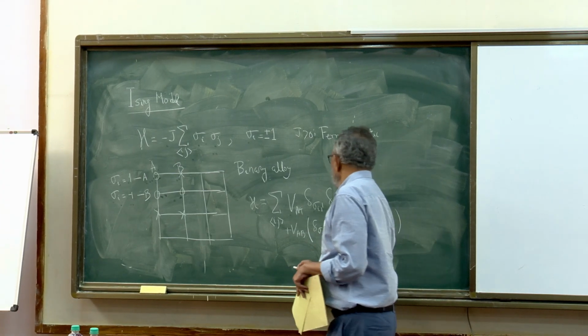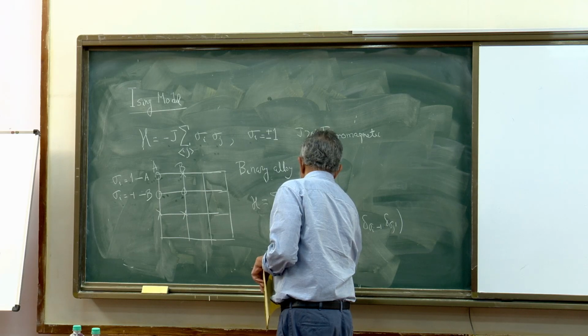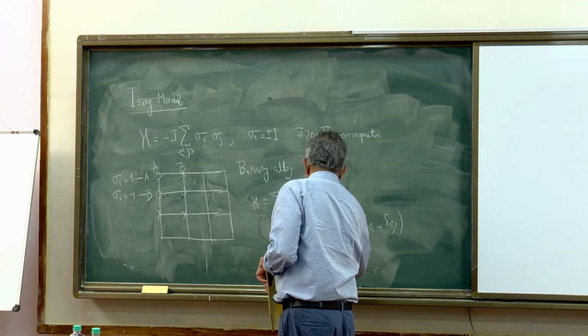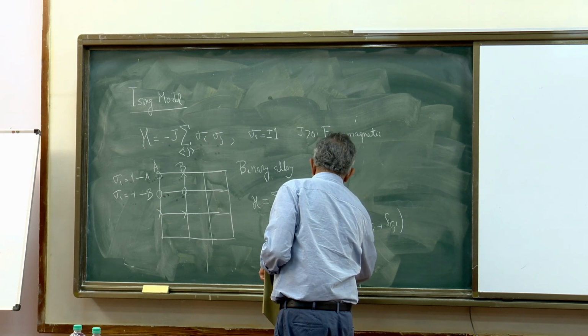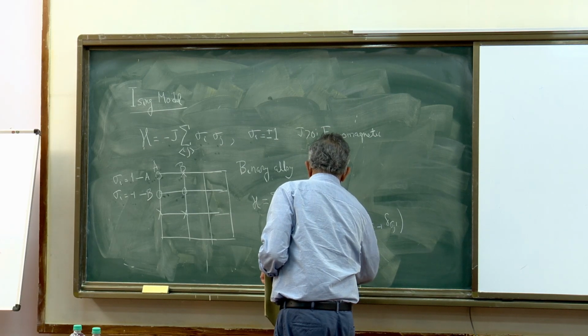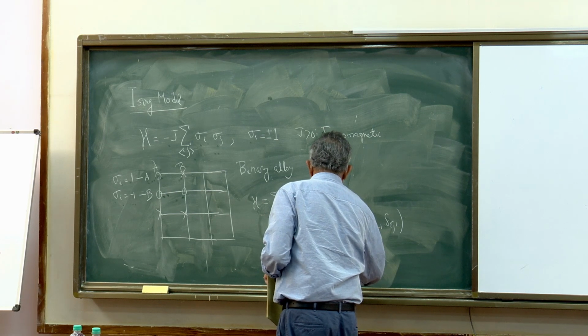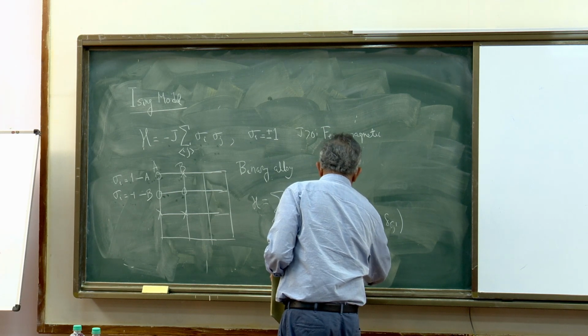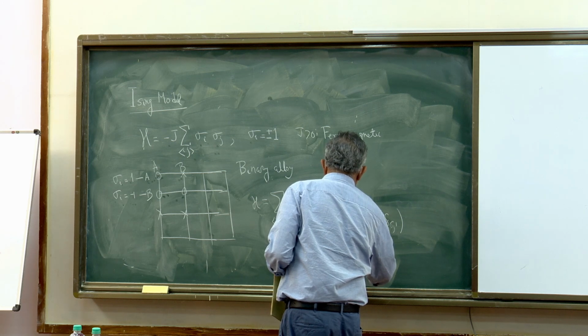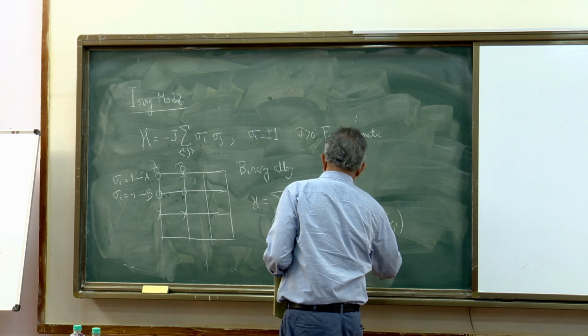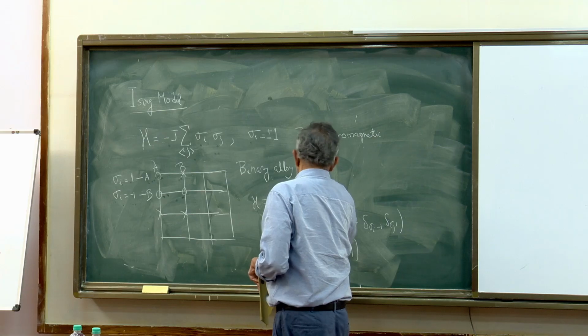And then there will be V_BB, delta(sigma_i, -1) delta(sigma_j, -1), bracket.